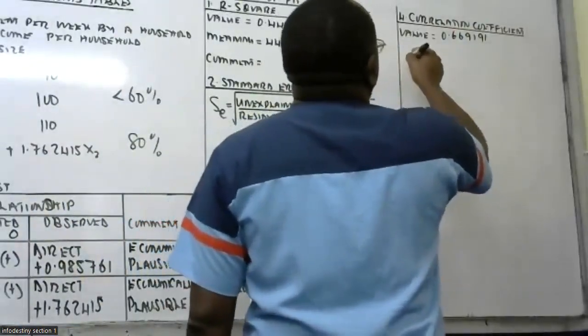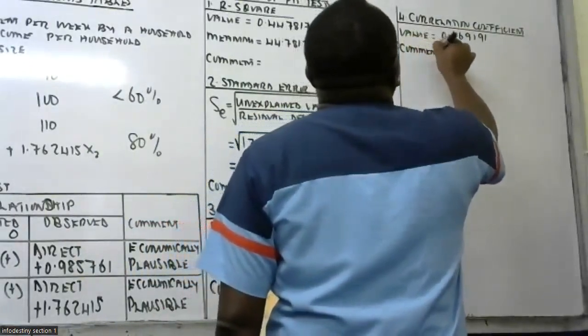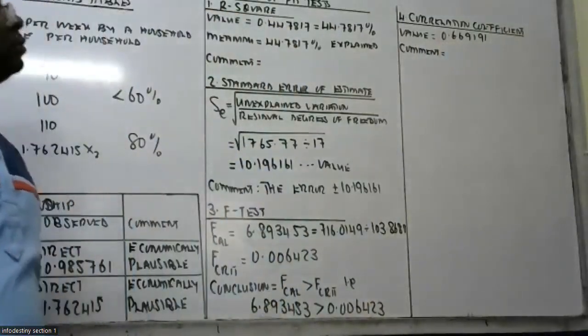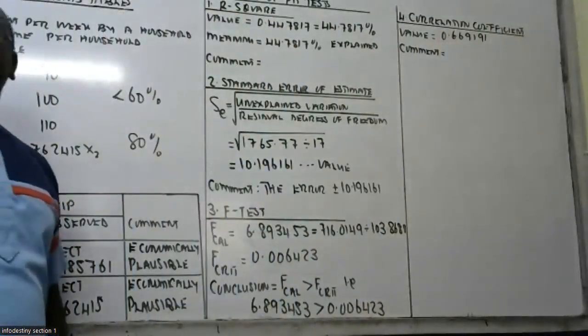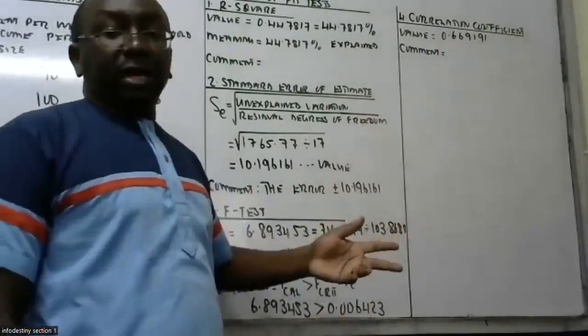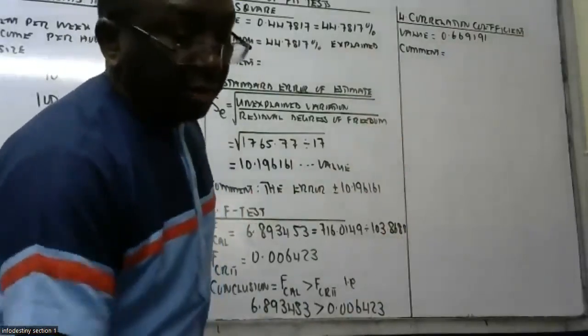When you have it that way, the comment is, we normally say the closer to 1, the stronger the relationship. Now this is not very close to 1, so we can write the comment like this.